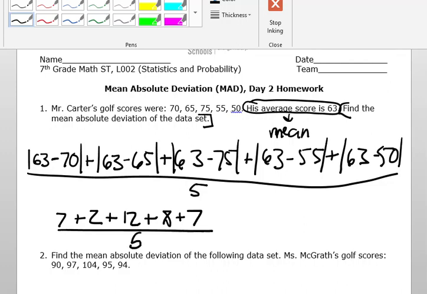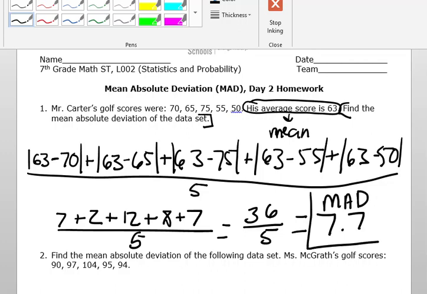Add that all together and divide it by 5. Okay, so I'm left with 7 plus 2 plus 12 plus 8 plus 7. And that's going to give me 36. I divide that by 5, and I'm going to get 7 1/5, or 7.2. So my mean absolute deviation here is 7.2.